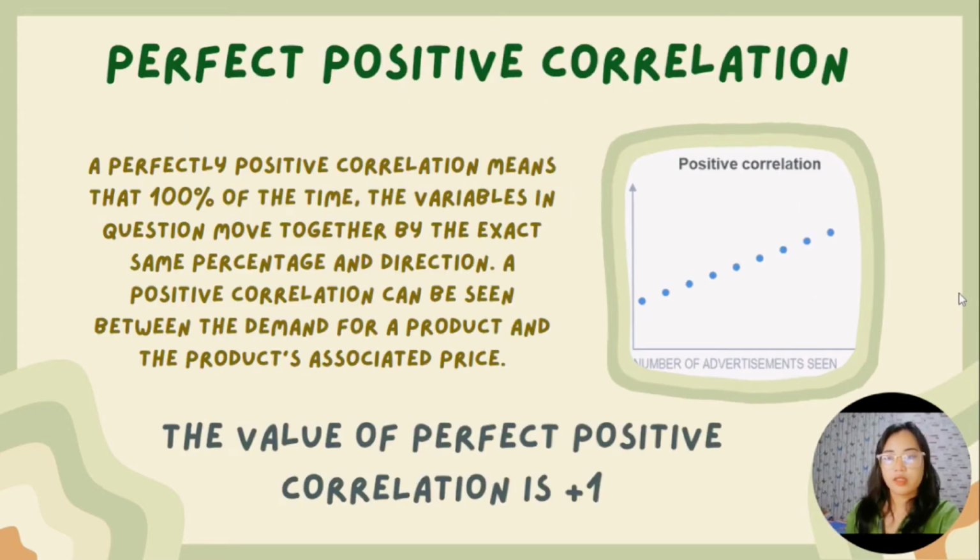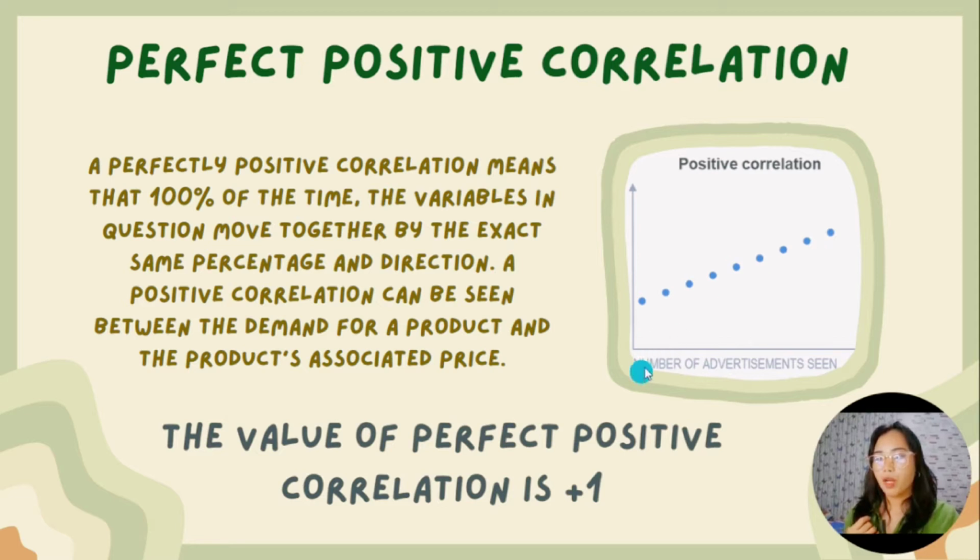So what is perfect positive correlation? Perfect positive correlation means that 100% of the time, the variables in question move together by the exact same percentage and direction. A positive correlation can be seen between the demand for a product and the product's associated price. The value of perfect positive correlation is positive 1.